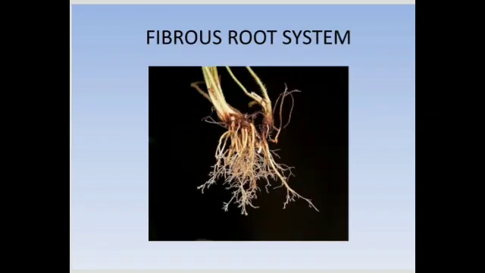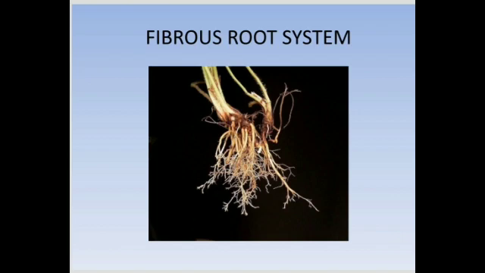Next we are going to see about the fibrous root system. It consists of a cluster of roots arising from the base of the stem. There is no main root. The cluster of roots arises from the base of the stem itself. These are called fibrous root system.